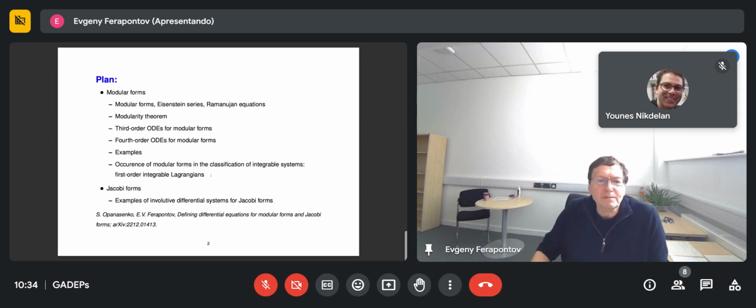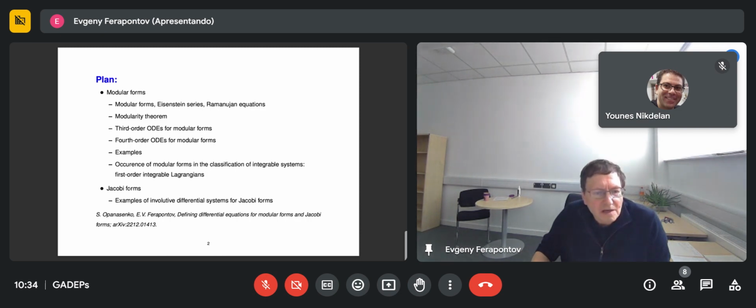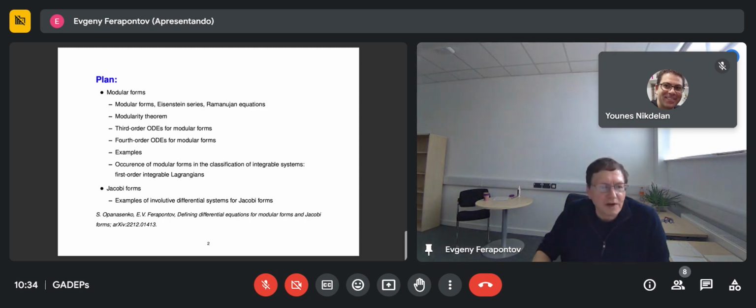And I will show you one particular example of this general phenomenon related to integrable Lagrangians at the end of the talk. And if time permits, I will say a few words about involutive differential systems satisfied by Jacobi forms. So this talk is based on our joint arXiv paper, which is here.